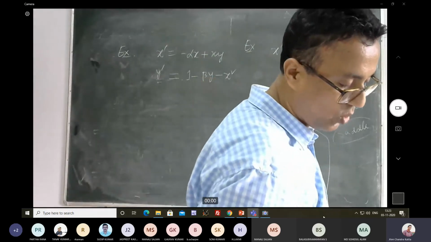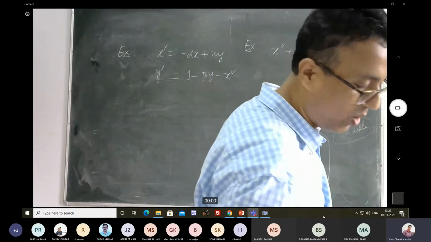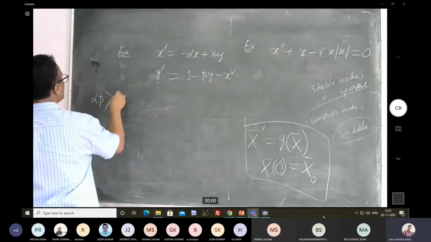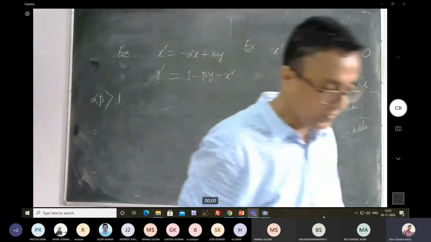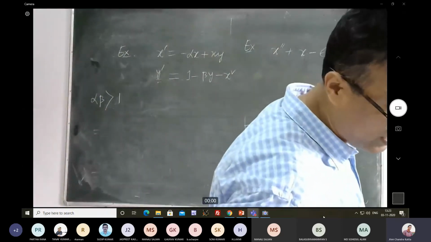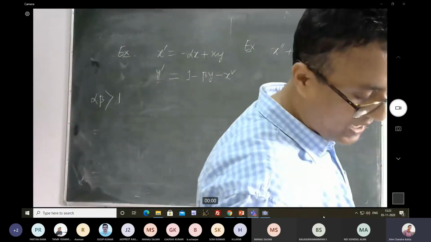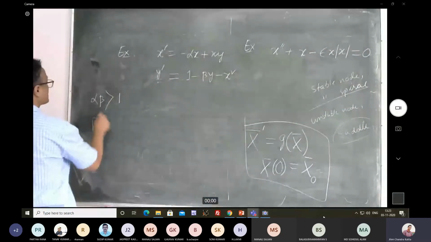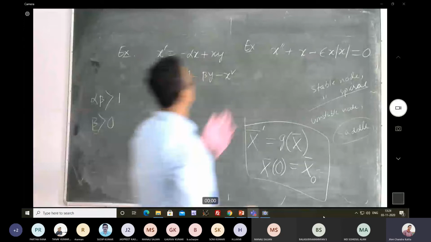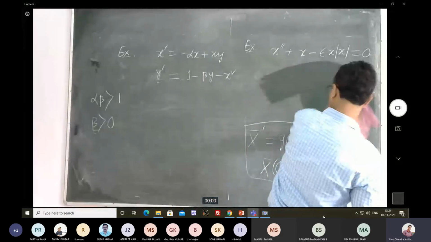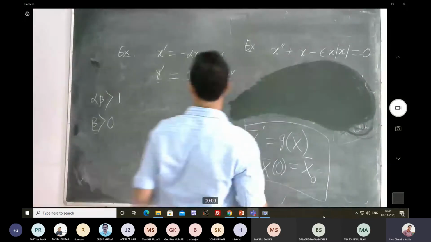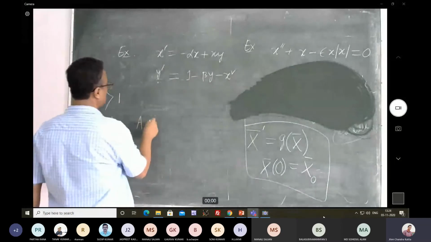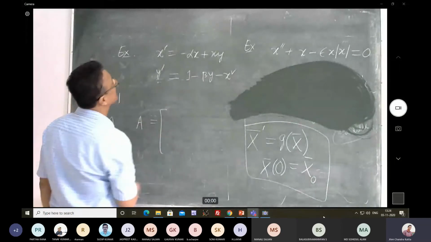So you have to show that it has a unique critical point when alpha beta is greater than 1. When alpha beta is greater than 1. And further you have to prove that this critical point is stable when beta is greater than 0. Okay, so here what will be the matrix A or J?